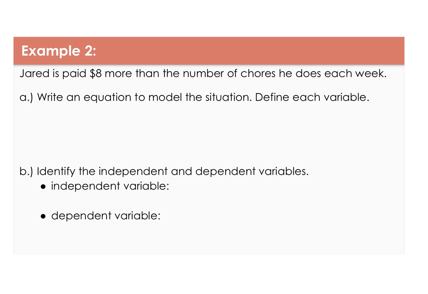Example 2. Jared is paid $8 more than the number of chores he does each week. So, two things we're talking about are the total amount of money that he earns a week, so we can say M equals money earned, and we can say C equals chores.